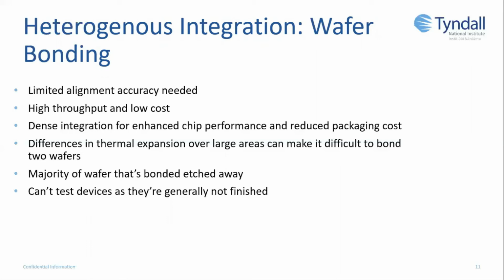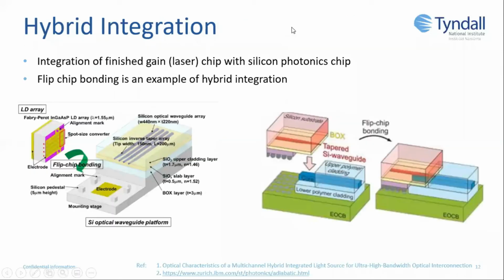And another thing with wafer bonding, again going back to microtransfer printing: you can test the devices there, but because they're unfinished when it comes to wafer bonding, you can't. So you don't know if they're going to work until they are transferred to the silicon and finished off. So there's no reliability there.